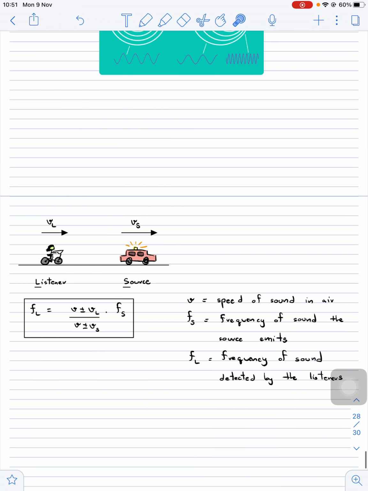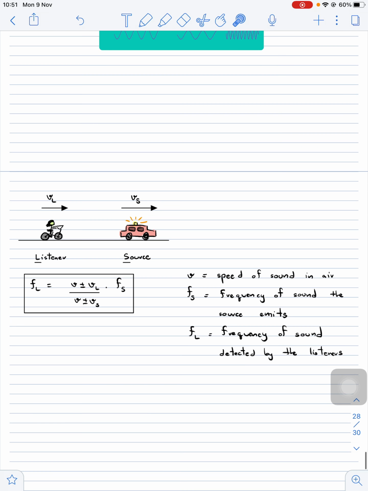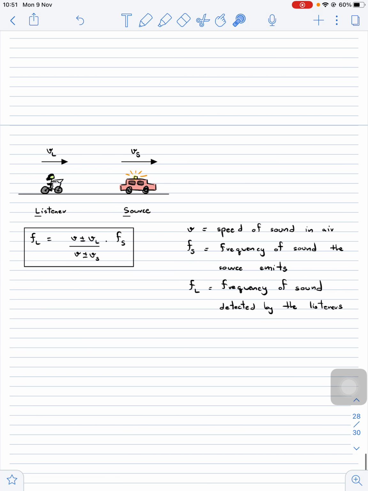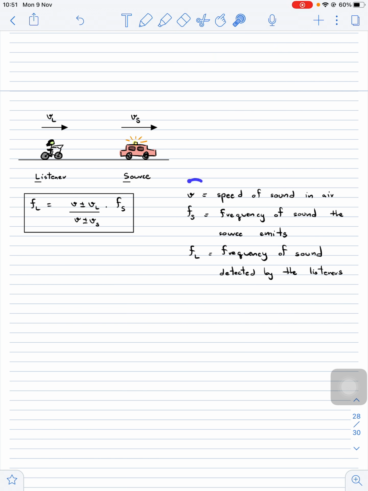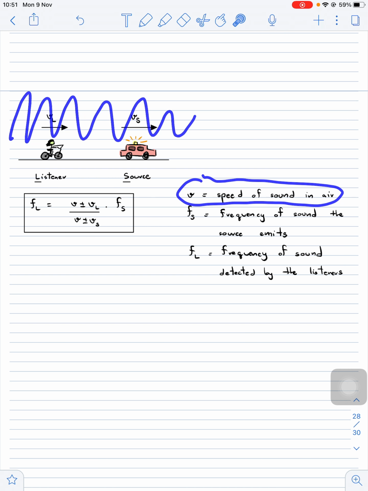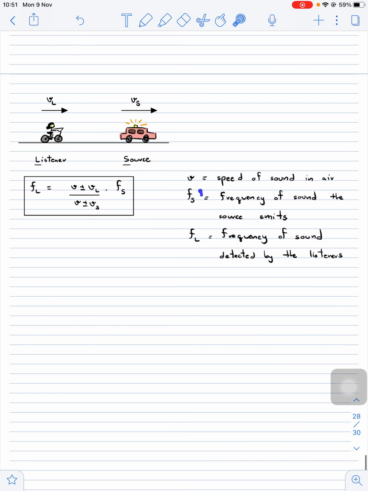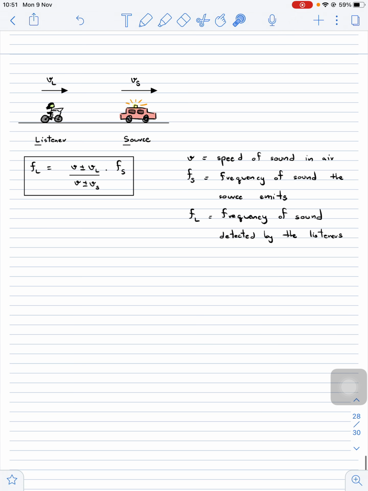V is the speed of the sound wave in the air, because the atmosphere here is just air. Fs is the frequency of the sound that the source emits, and FL is the frequency of the sound detected by the listener.